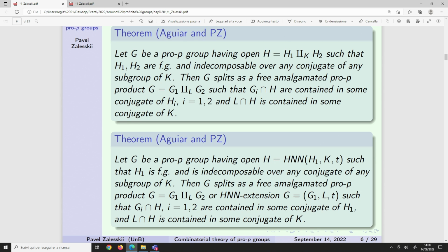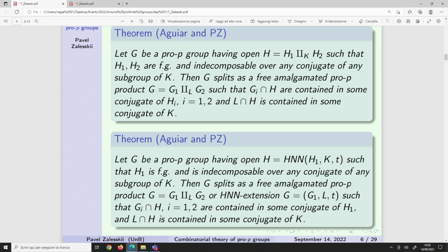I have never seen such a statement in the abstract case, so that's why I say that in the Pro-P case it looks like we can go beyond what Stallings originally proved in the abstract case.